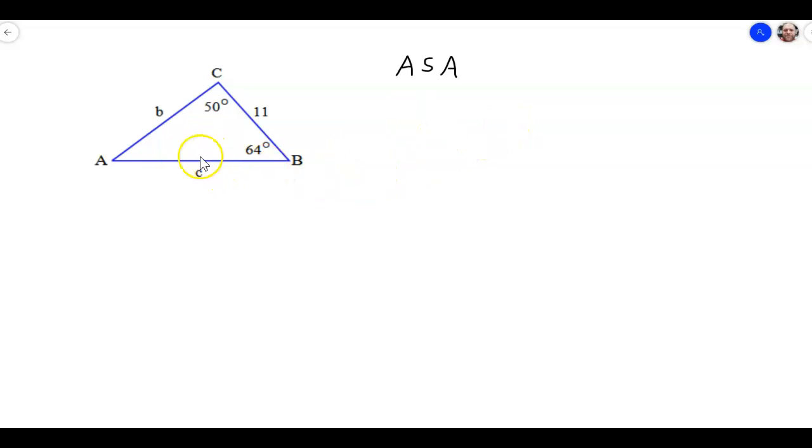The first thing I can do is easily find the third angle. That's usually the first thing I want to do. So angle A is just going to be equal to 180 degrees minus my two other angles, minus 50 degrees minus 64 degrees.